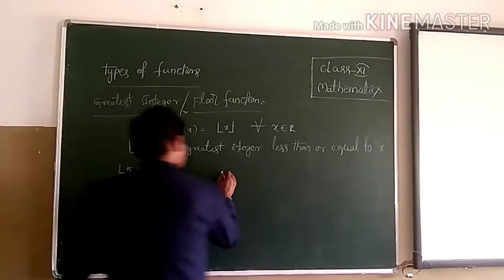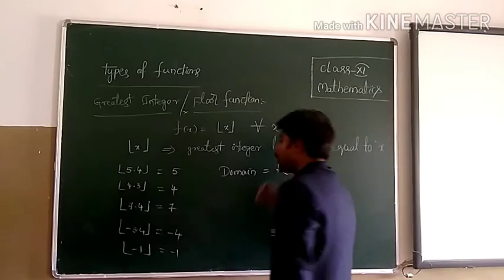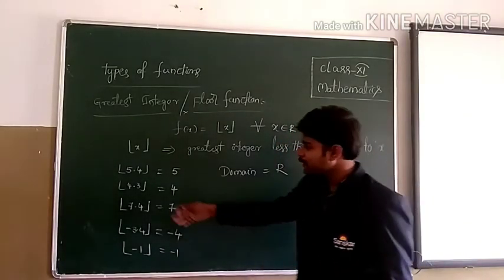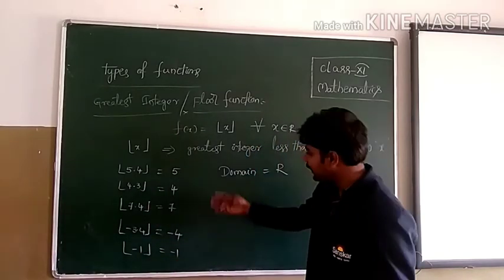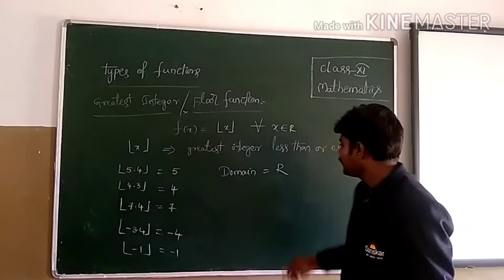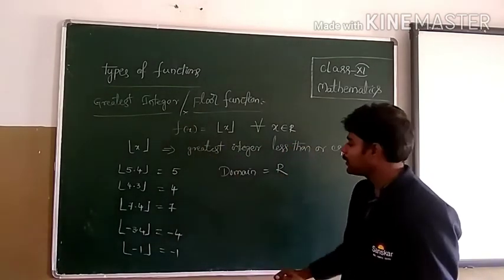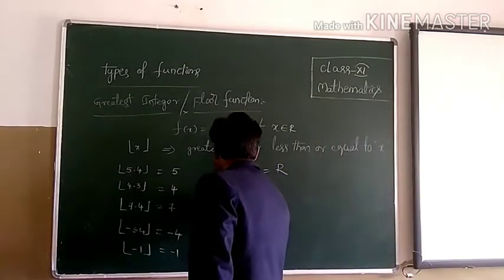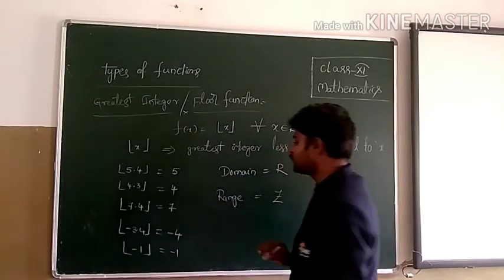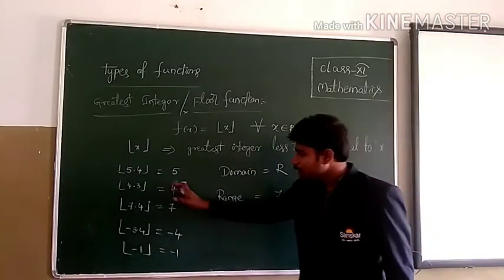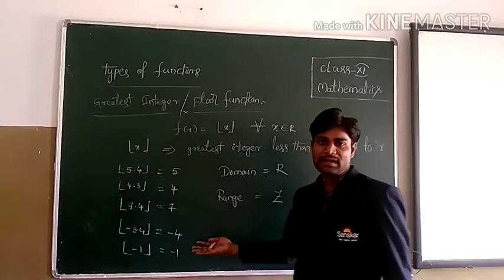Clear? The domain of the greatest integer function is R. Any value can be given, decimal numbers or negative values, and we get one particular value. So the domain of the greatest integer function is R, the real numbers, and the range of this function is Z, because we get positive values and negative values, and 0 also comes.